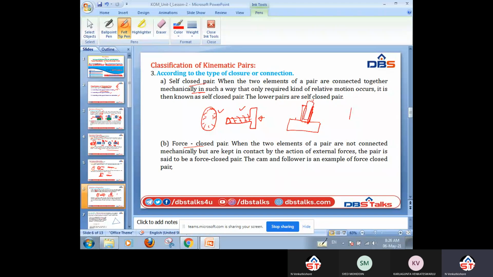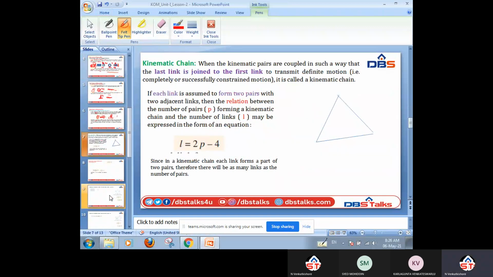The shaft is held in place only by the external force. So without a mechanical connection, we are keeping it in contact by external force. That we call a force closed pair. So this is a very important topic.